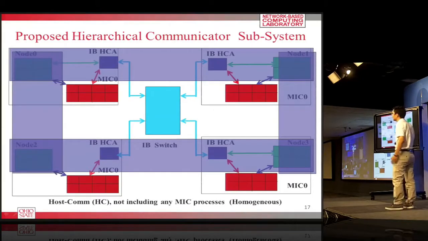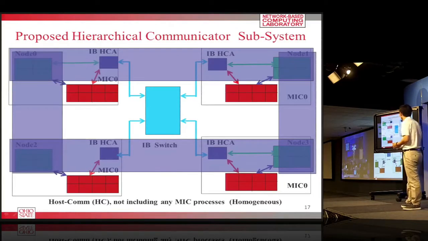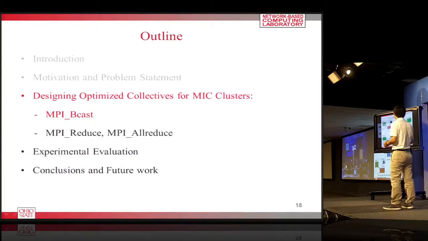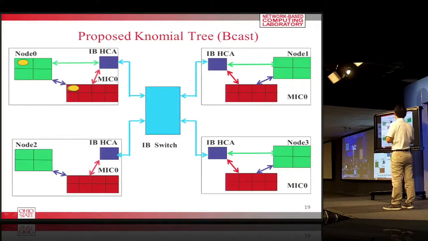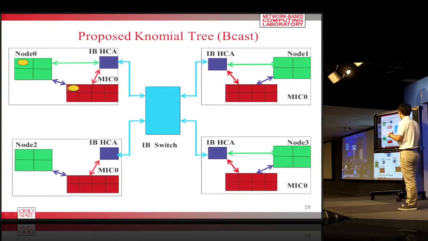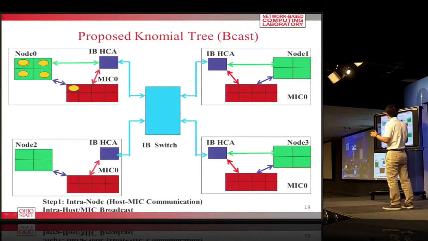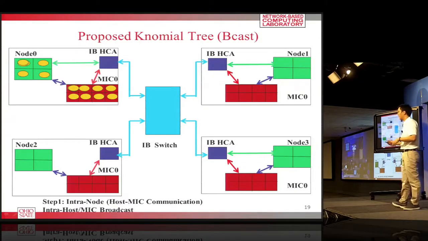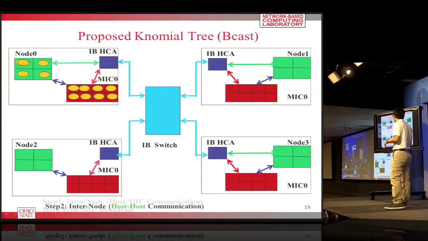Based on this idea, we can see how to optimize the Bcast. The first step is still the intra-node host-MIC communication for the intra-host and MIC broadcast. Secondly, we do the inter-node host-to-host communication. In this step, we can avoid the MIC-to-MIC communication.